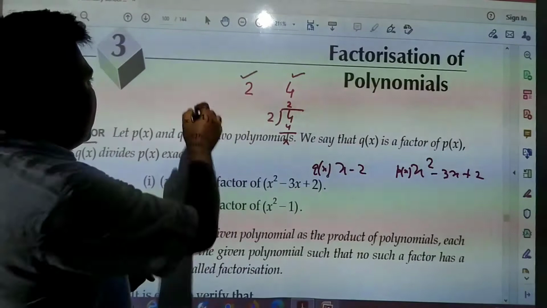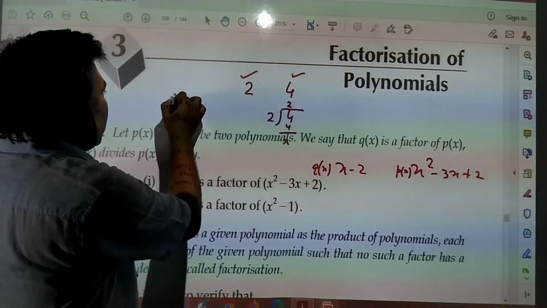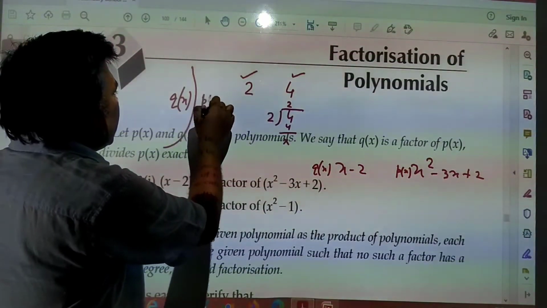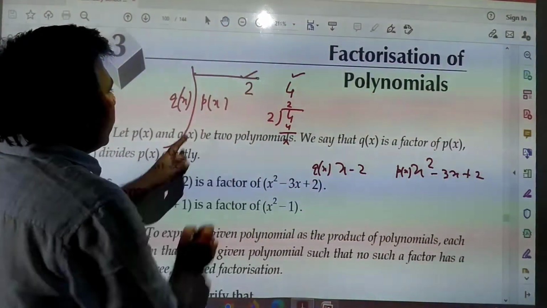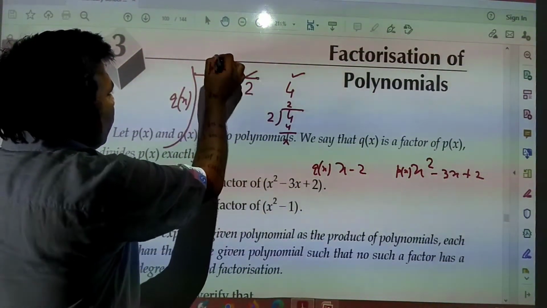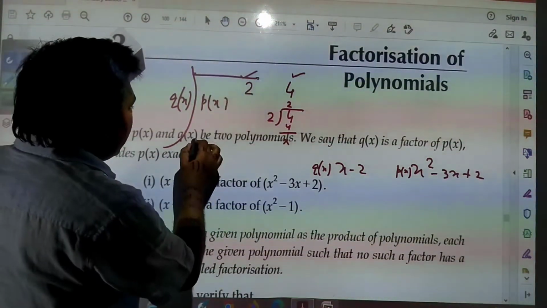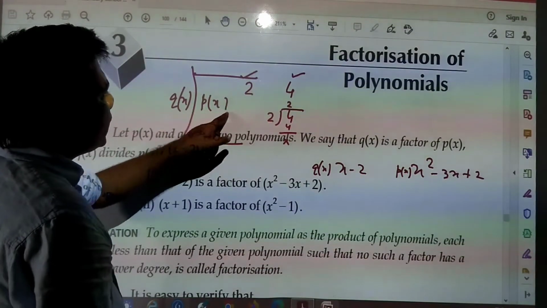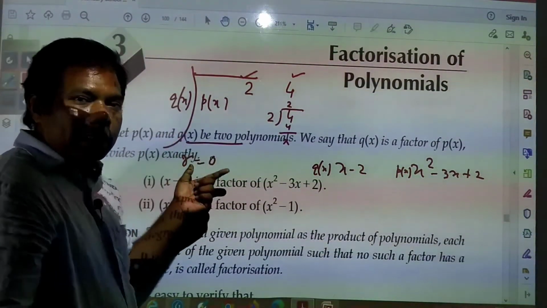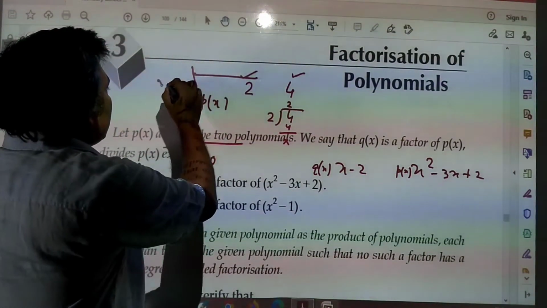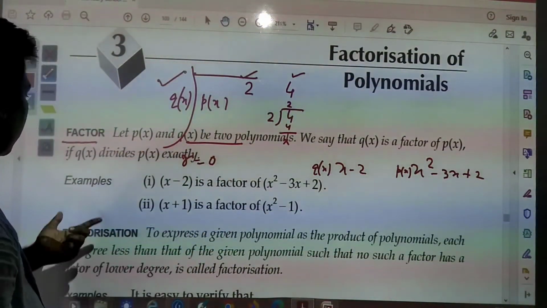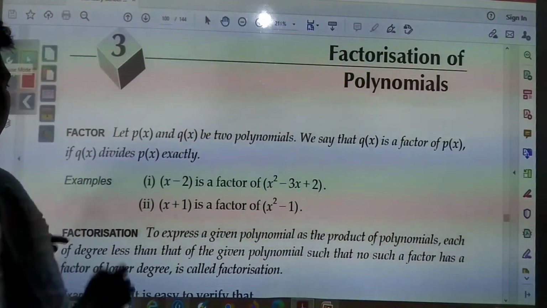If P(x) is divided by Q(x), you get some quotient and then the remainder is 0, it means P(x) is divided by Q(x) exactly, then Q(x) will be called a factor of P(x). I hope you understood. I don't think there will be any problem in understanding.